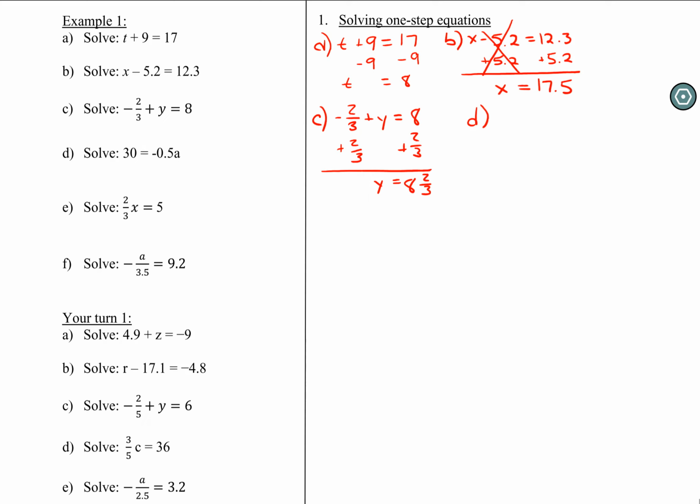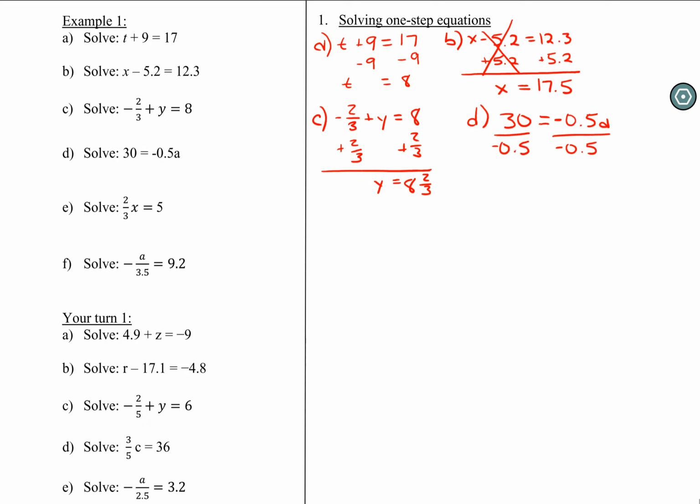For example D, we have an example with multiplication. We have 30 equals negative 0.5a. Now, just because the variable term is on the right side of the equation, that doesn't change anything. We're just going to use our inverse operations here. I'm going to divide through by negative 0.5.